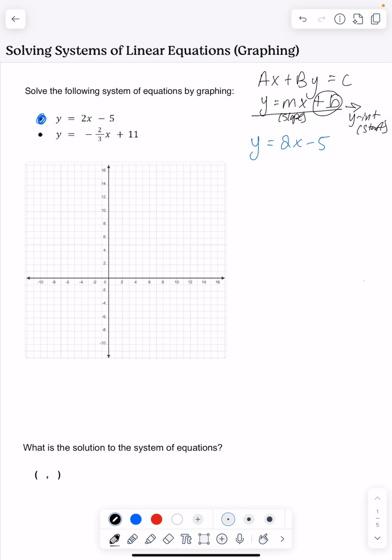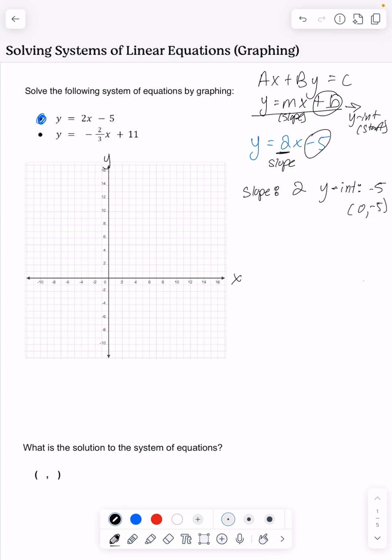So in this case, 2 is the slope, and the y-intercept is a negative 5. So we get the y-intercept to be (0, negative 5), because that's where it's going to cross the y-axis.